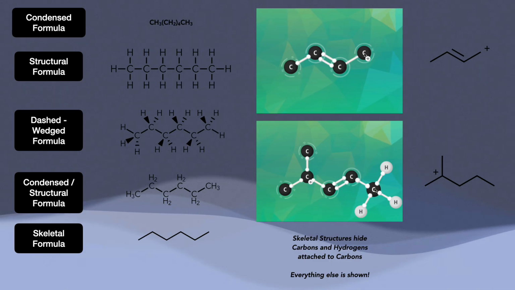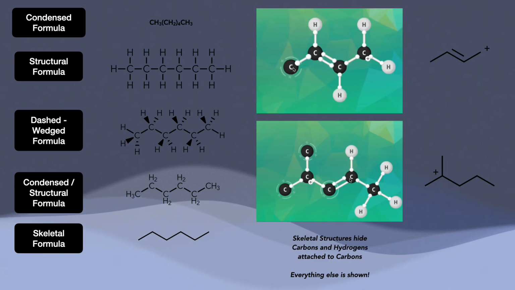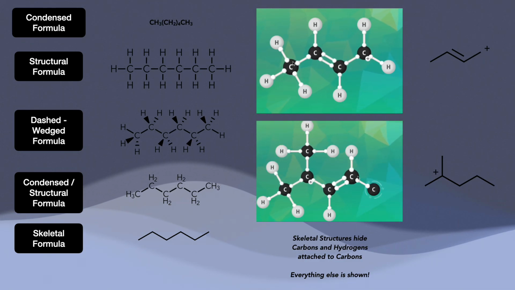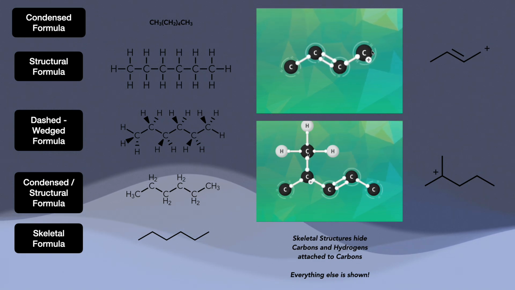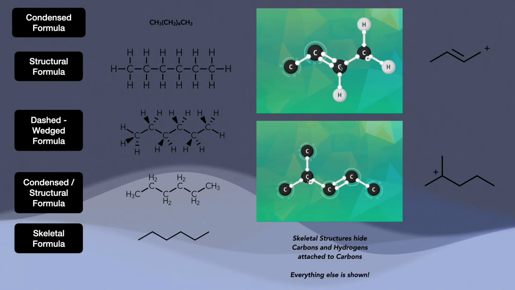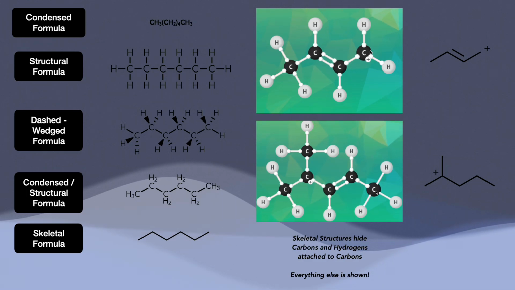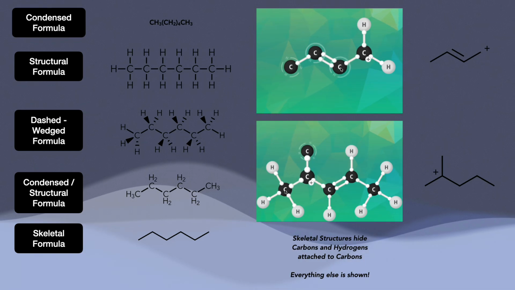Based upon VSEPR theory, they would be pushing each other out to the most stable configuration, and what you see represented in the dashed wedged formula is how they would exist spatially. Of course, you will see in this course a lot of times a combination of a condensed formula and a structural formula, just because chemists sometimes are a little bit lazy. So notice I've got H3C and then the carbons being shown bonded.